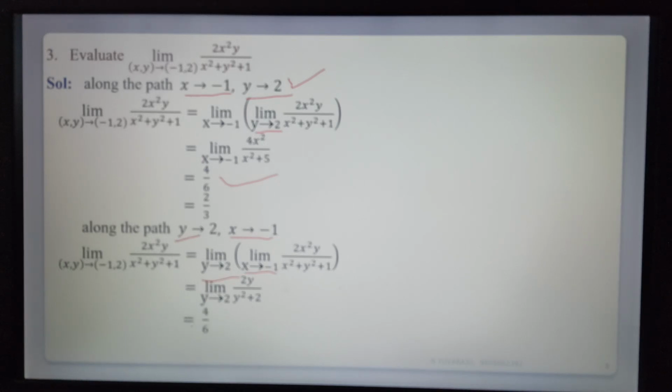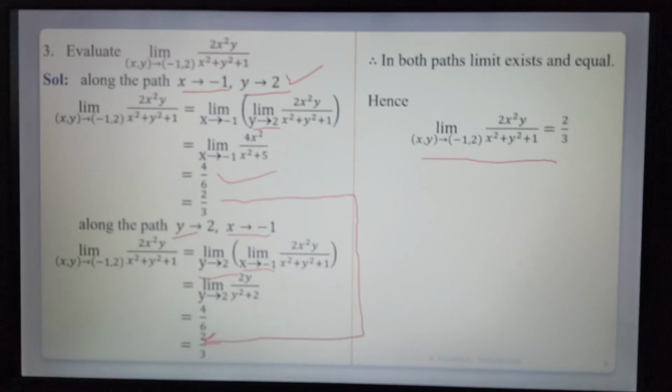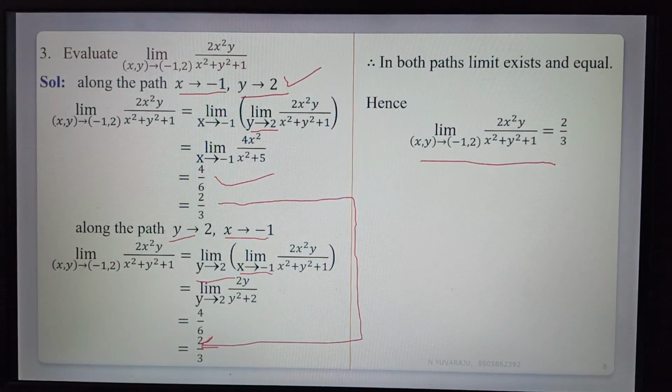So that is 4 by 6, that is 2 by 3. See that the limit point minus 1 comma 2 is non-zero. Then we find the limit along two paths. In the two paths the limit is 2 by 3, 2 by 3. Therefore the limit exists. The limit is 2 by 3. Okay, this is the problem. Okay, is it clear?